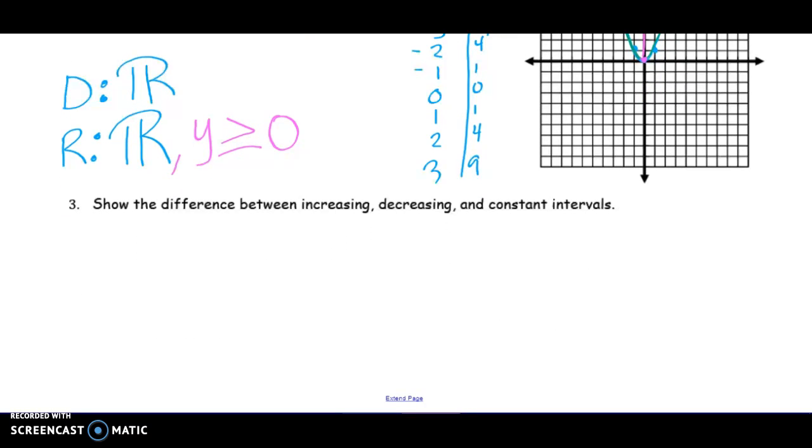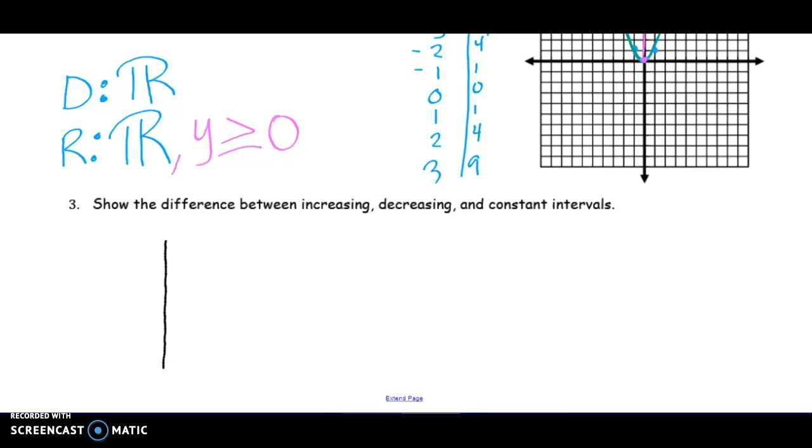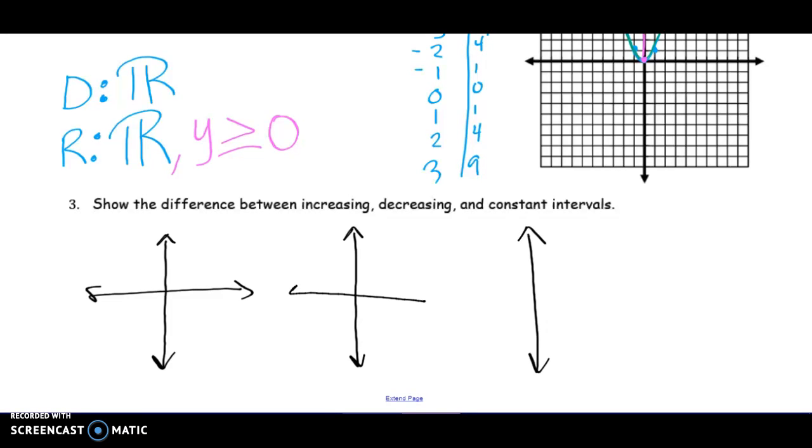For the next part, we are going to have to describe and show the difference between increasing and decreasing intervals. So we'll make ourselves 3 coordinate planes here. So increasing, thinking about what we know with graphing, what does increasing look like?